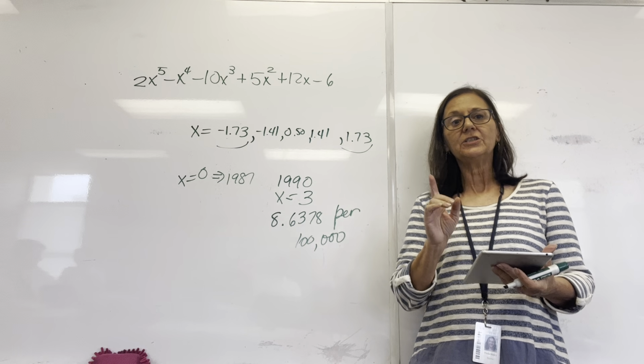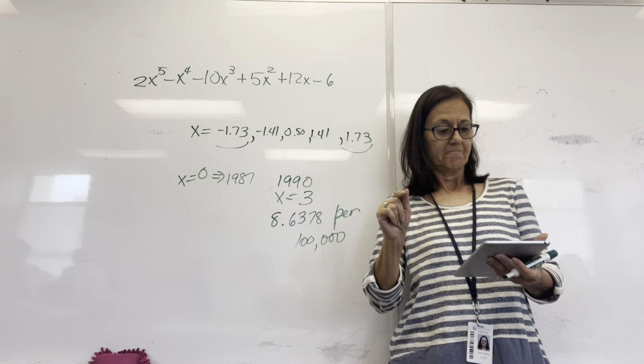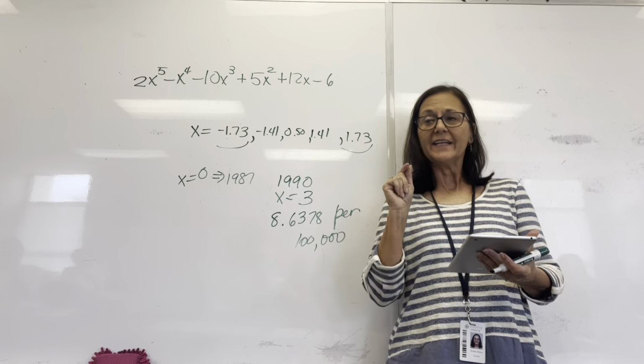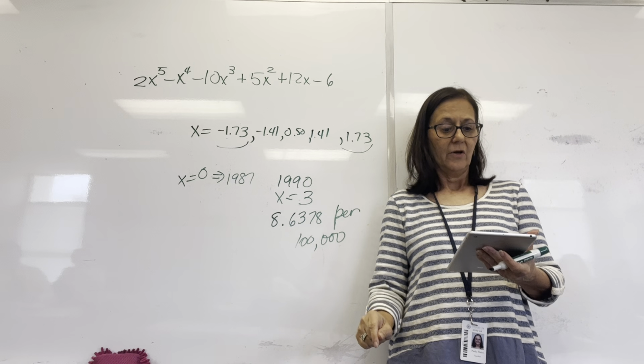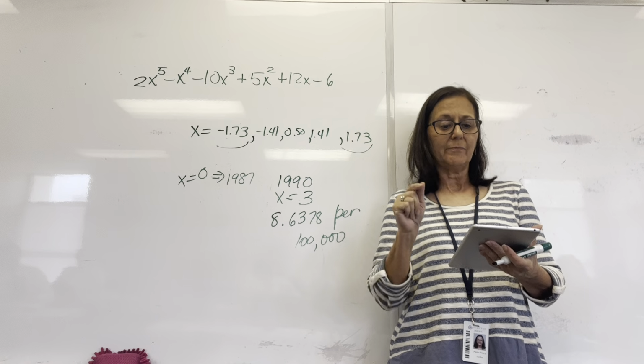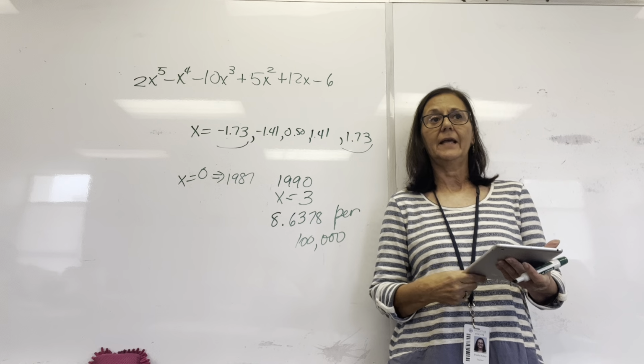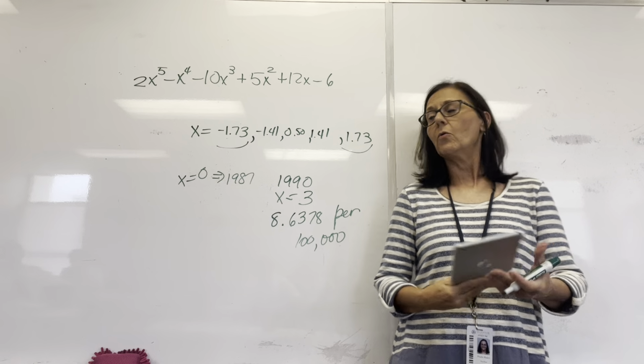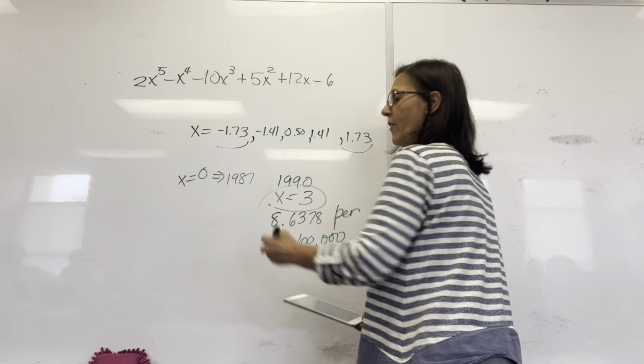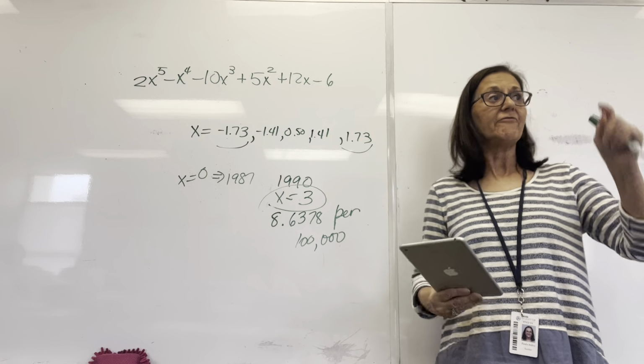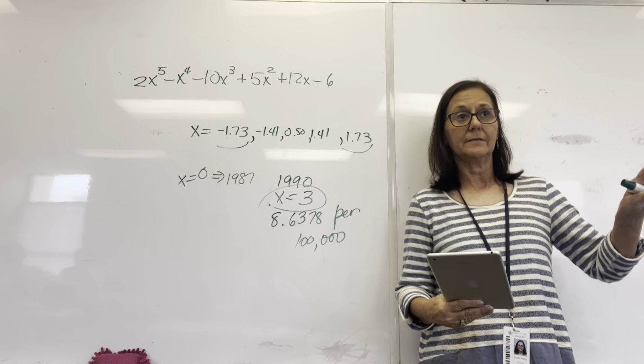Okay, let's just talk through the rest. In what year was the rate 8 people per 100,000? It's asking you to solve for x when that formula equals 8.